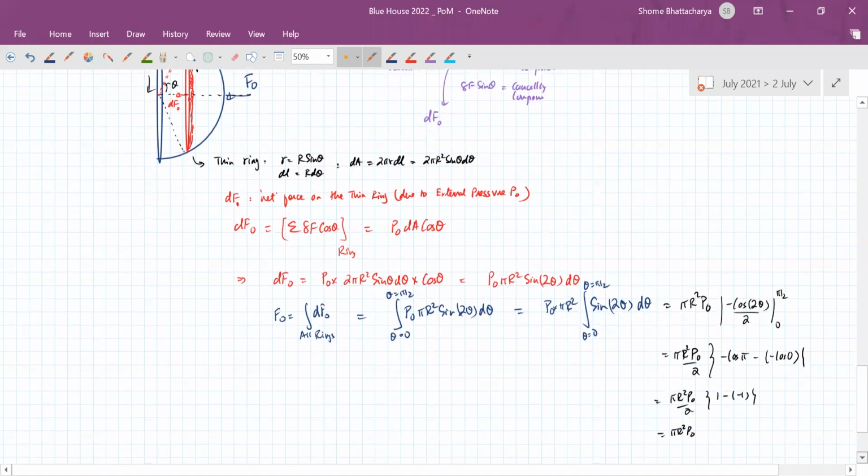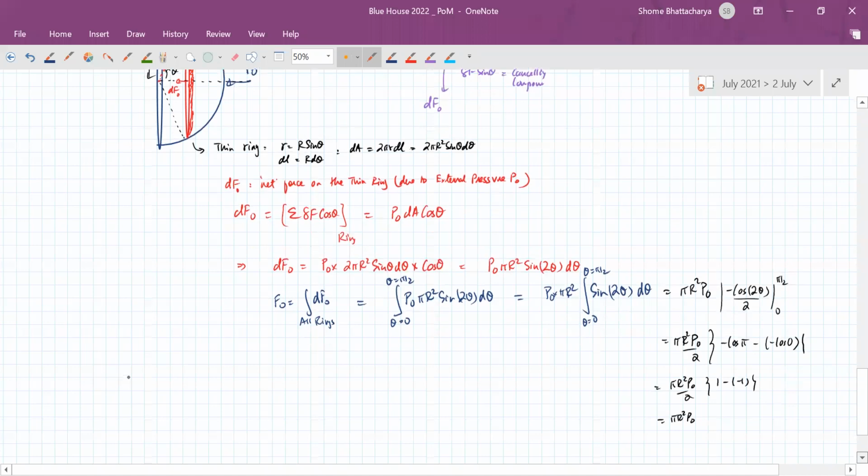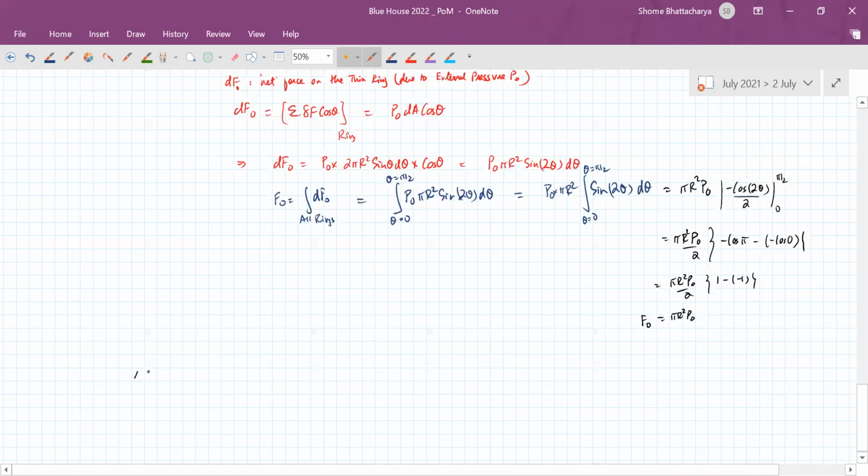Yes, sir. And the important thing now is that the pressure difference delta P is equal to 2T by R. So here this T is the surface tension, no? Yes.